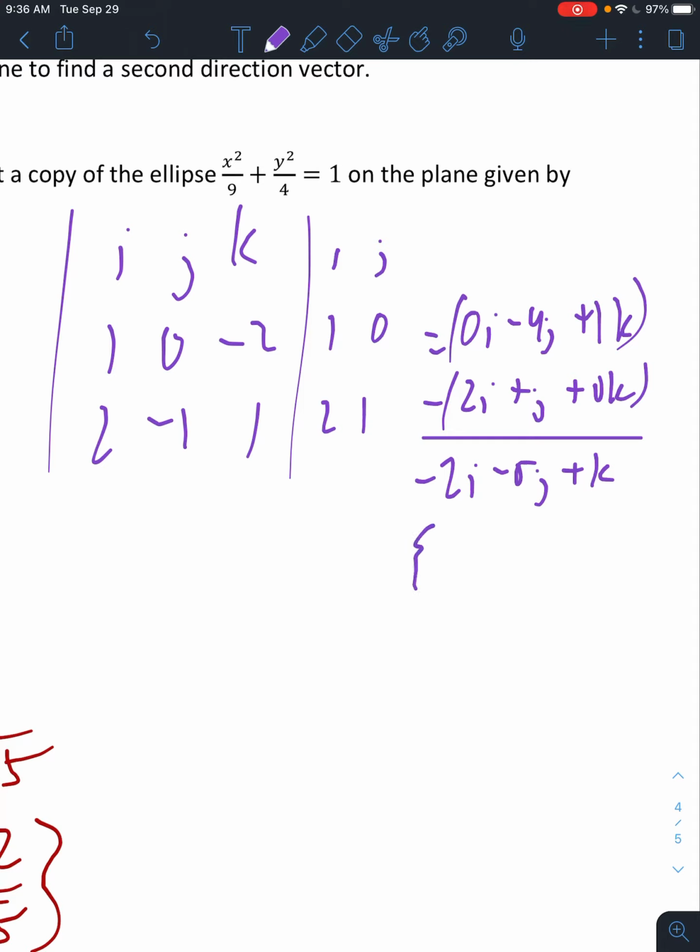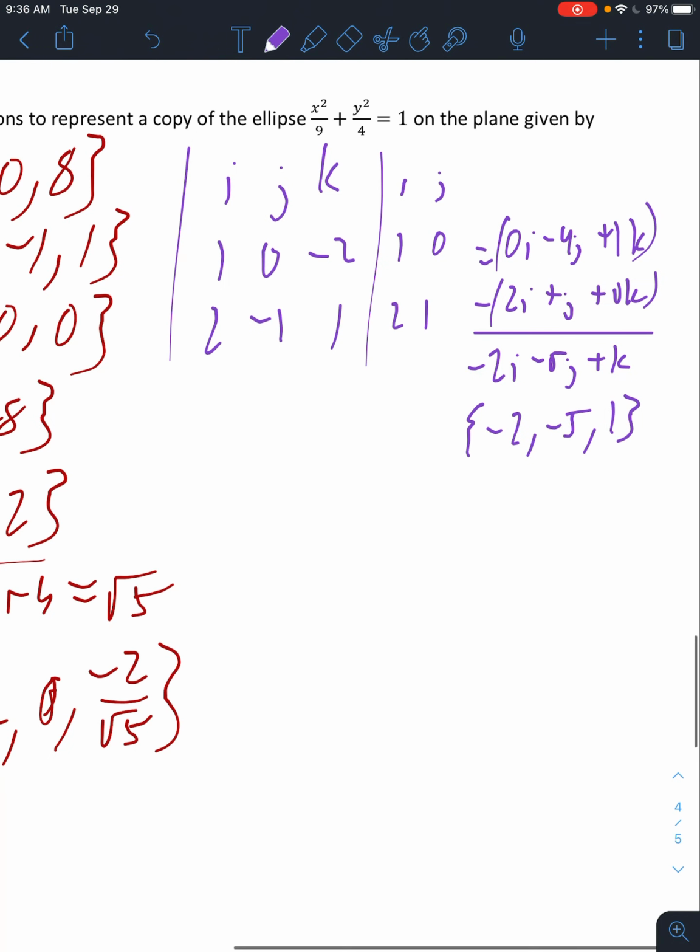So my new vector here is going to be -2, -5, 1. I'll call that V2.